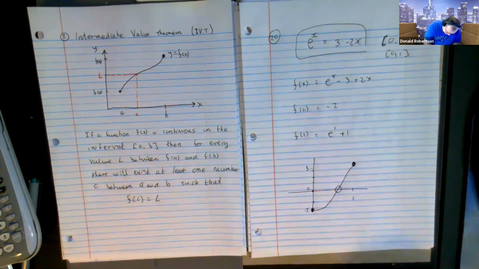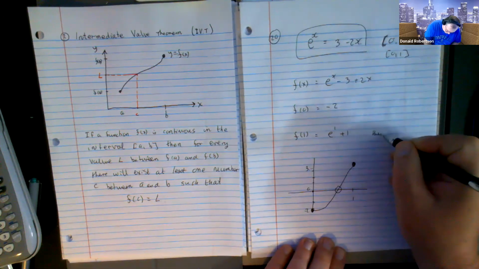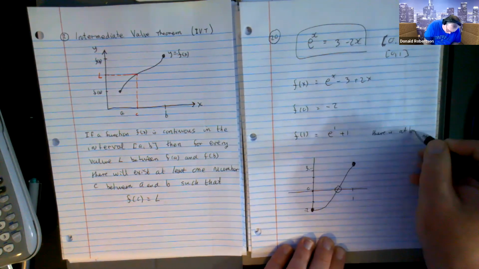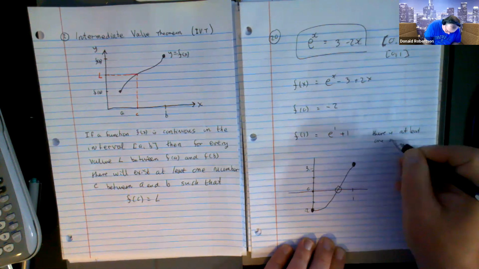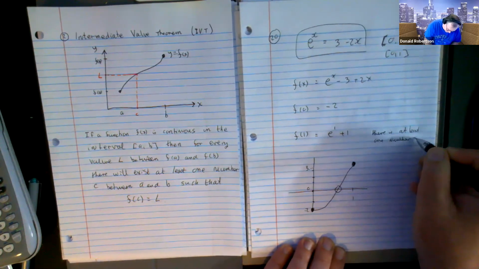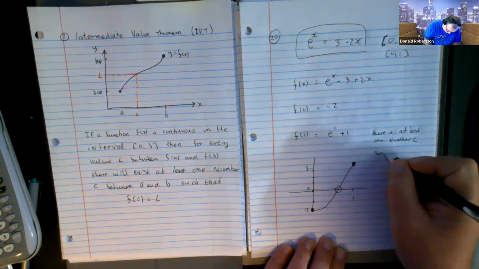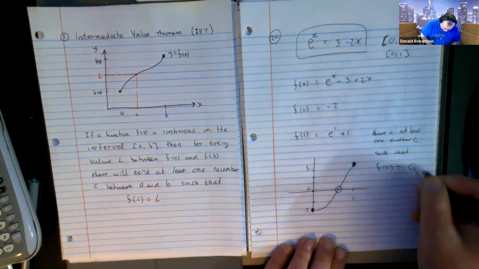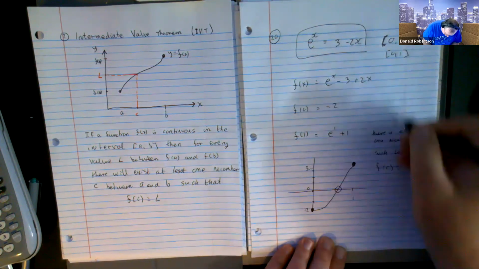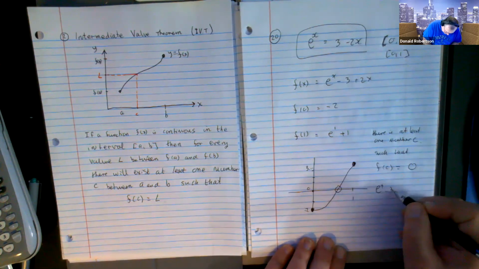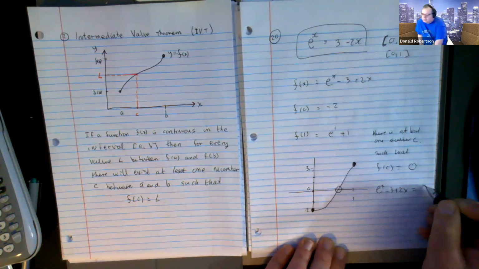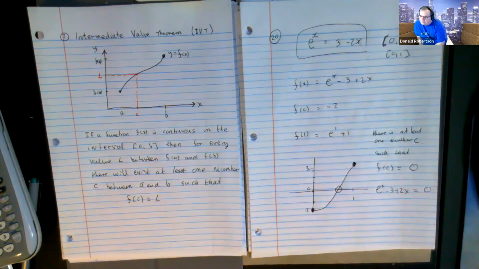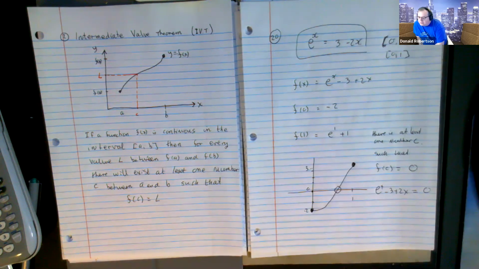So that means there is at least one number, c, such that f of c equals 0. So doesn't that mean that there's at least one place where f of x is 0? Doesn't look like you're doing much, but to me it helps to see pictures.